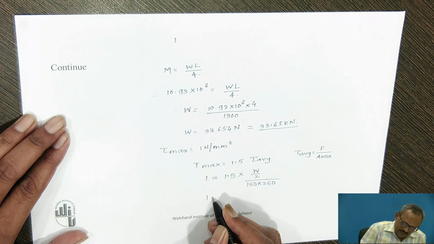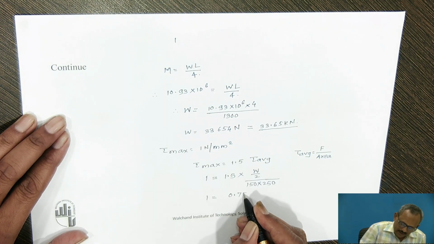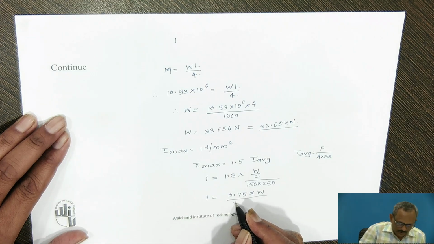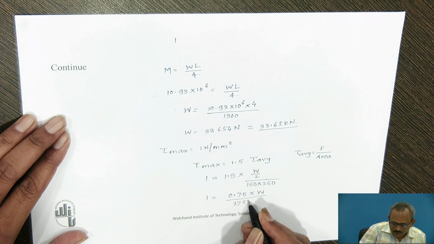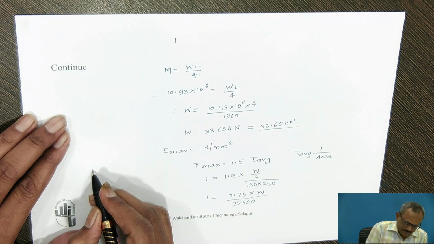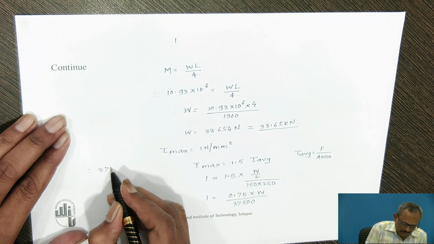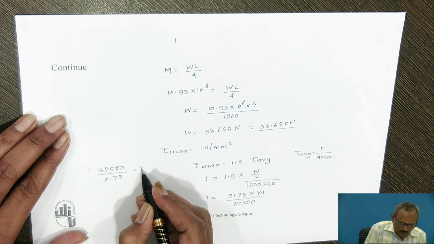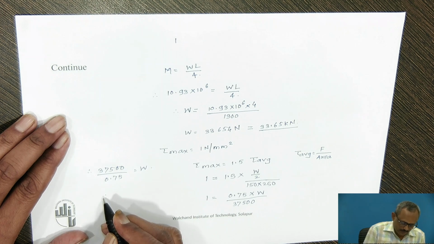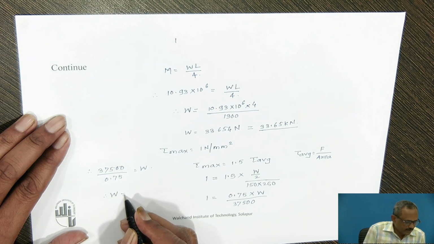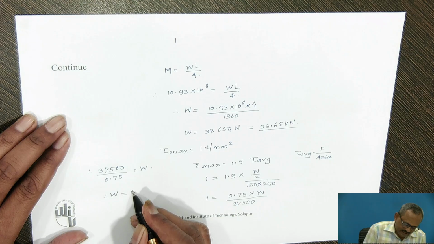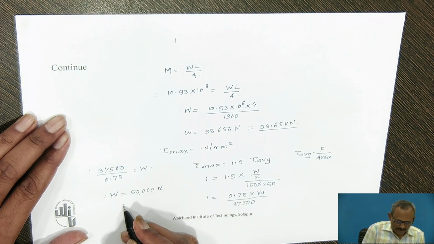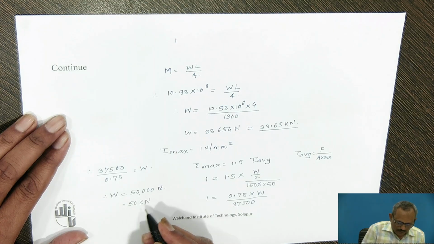By solving this equation, you get 0.75 into W divided by the area 37,500, and hence 37,500 divided by 0.75 is equal to W. Therefore the point load W by shear stress consideration is 50,000 Newton, which is equal to 50 kilonewton.